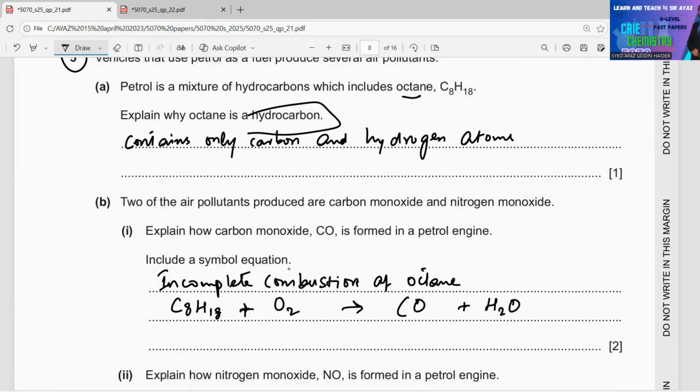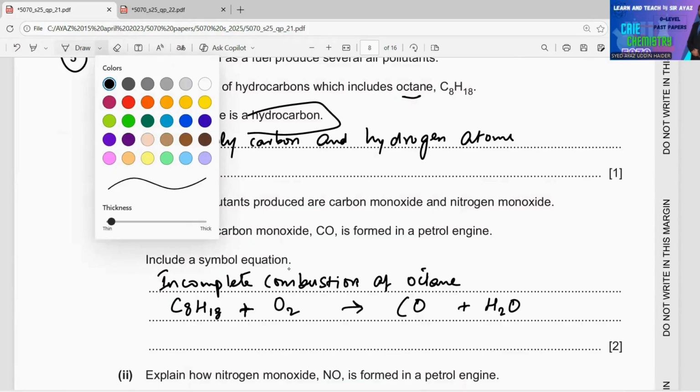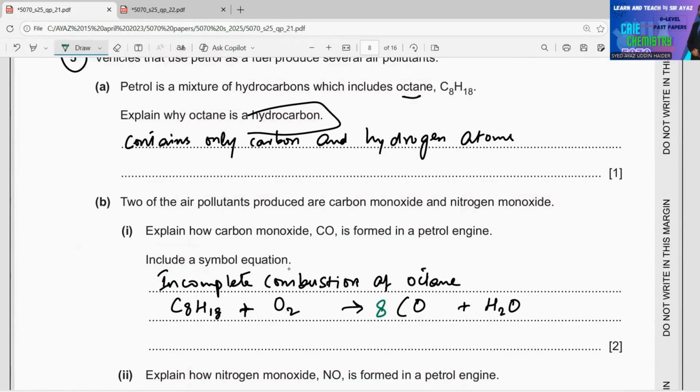So if I write 8 before CO, carbon is balanced. What about hydrogen? You can place 9 before H2O in order to balance hydrogen on both sides of the equation. What about oxygen? 8 plus 9, you know that it becomes 17.